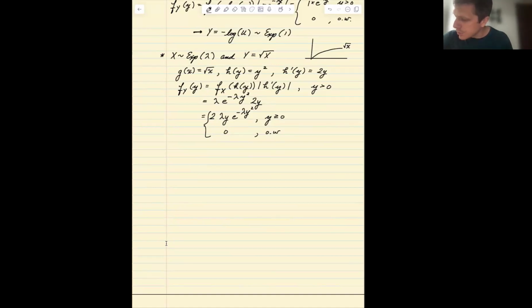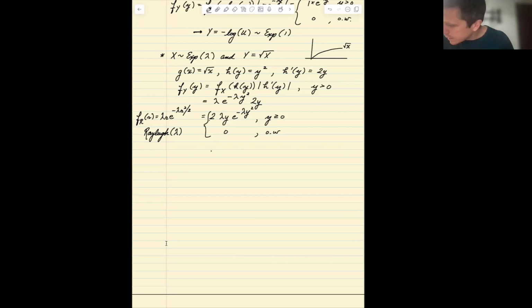So the Rayleigh distribution in general, a Rayleigh random variable with parameter lambda looks something like this. Here we have a 2 lambda.